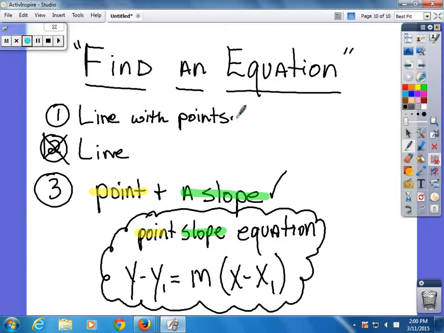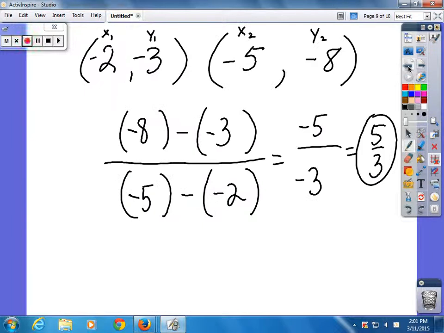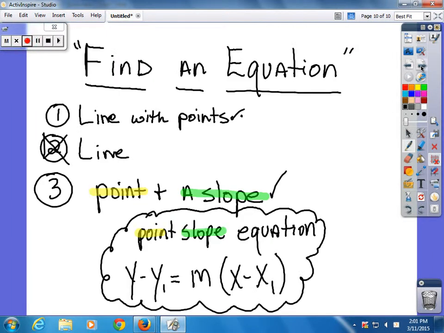This one is the most difficult because you're not given a what? A slope. You're only given a line, so you have to calculate the slope first, then plug it into the point-slope equation. Since we've been doing these, we'll start with one like this, where we're still practicing the slope formula, and then we'll plug it in.